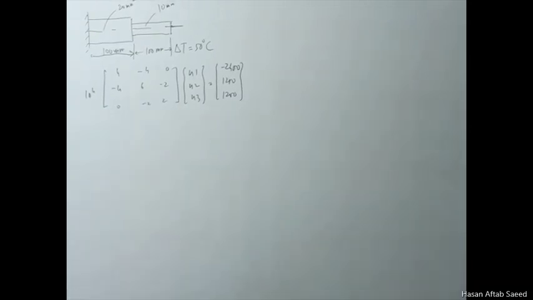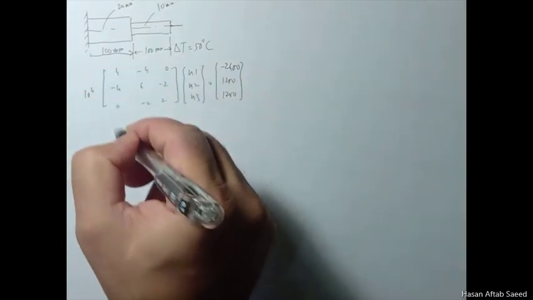Now here, obviously, the boundary condition will still be the same, like last time. This one is 0, so this vanishes.